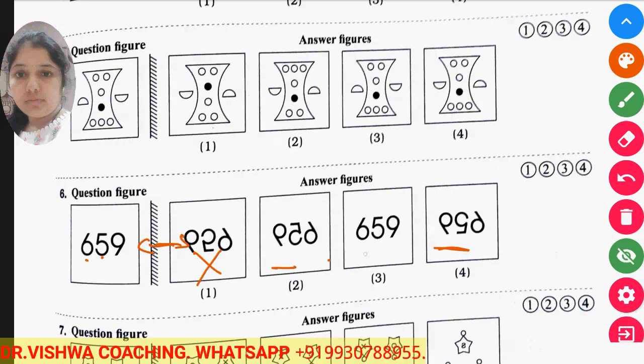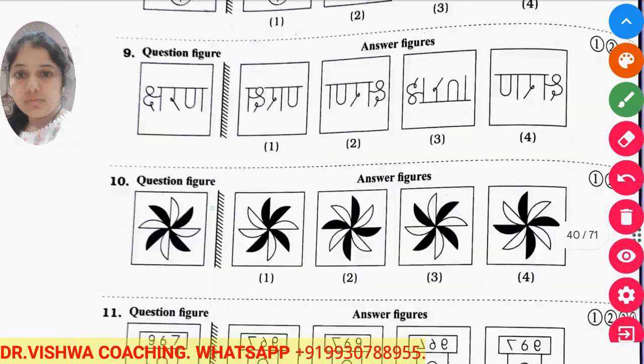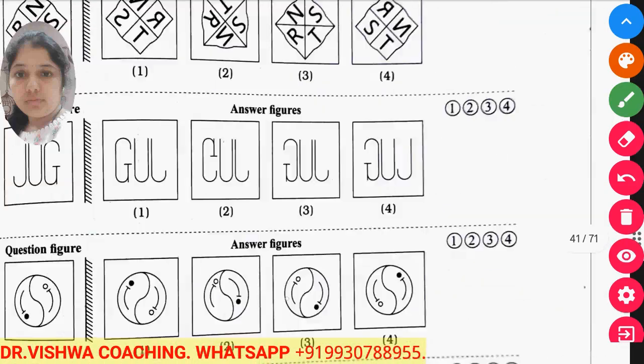Yes, and 6 is also facing towards the 5. But here 5 gets inverted, so this is not the correct option. So option number 2 is the correct option. Because here we didn't get inverted images. We get just left to right, right to left. Okay, so in this way you can solve the questions for water images as well as mirror images.